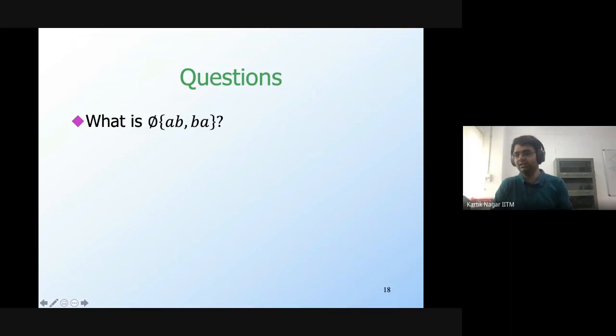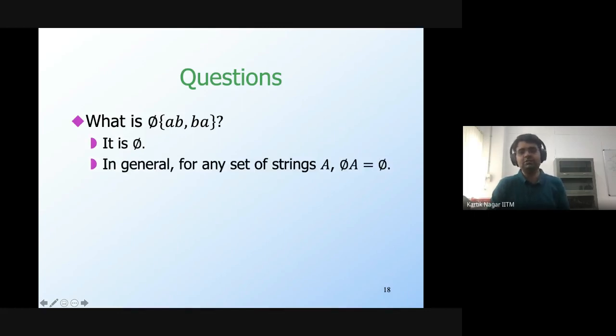A number of you have said the empty set. That's correct. Since there is no string in the first set, the set concatenation of these two sets would also be the empty set, phi. In general, this is true for any set of strings. If you take any set of strings and concatenate it with phi, you will get phi itself. So phi is also called the annihilator in this context of set concatenation.